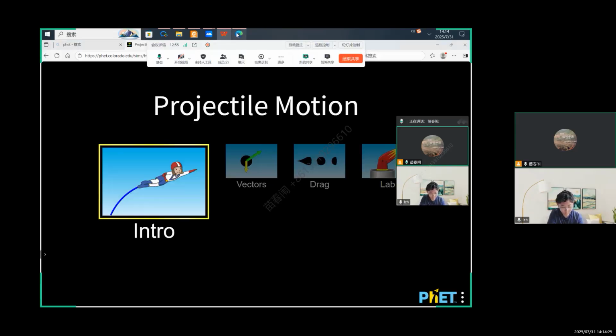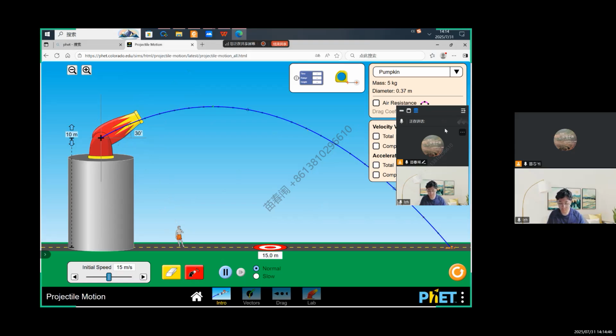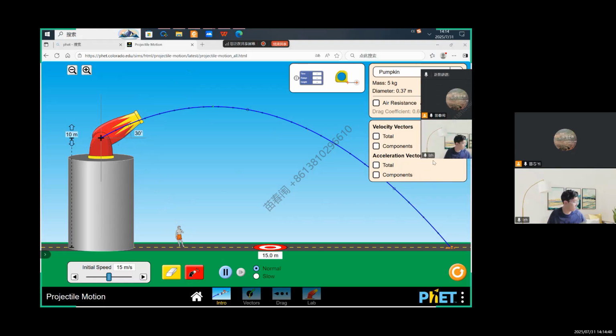Let me show you one projectile, like see, this is a projectile cannon. Can you see this cannon? You see this cannon, right? Because it's a curve, it's kind of complicated.